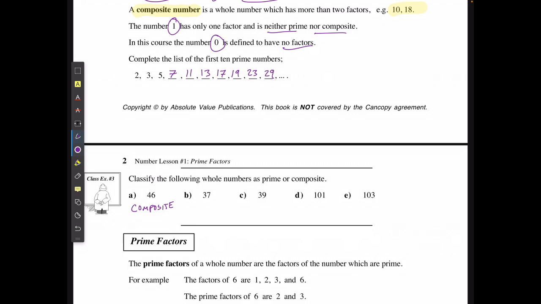For 37, I could go through all the numbers from 1 to 37, try and divide them, and the only ones that work are 1 and 37, so this is prime. For 39, it's actually also divisible by 3 and 13, so this is composite. And 101 and 103 are actually both prime.